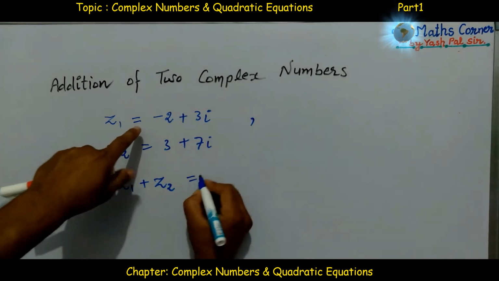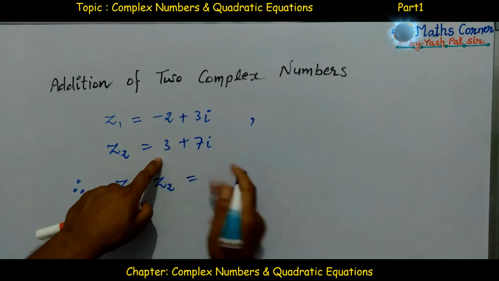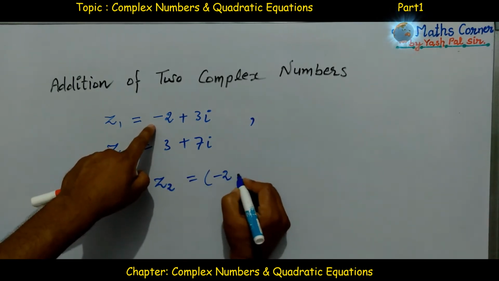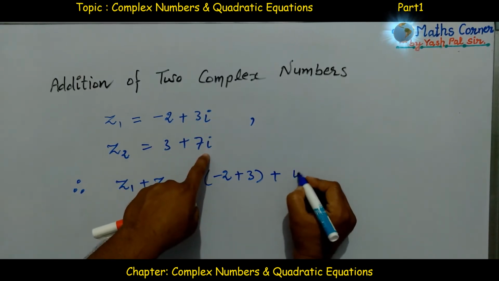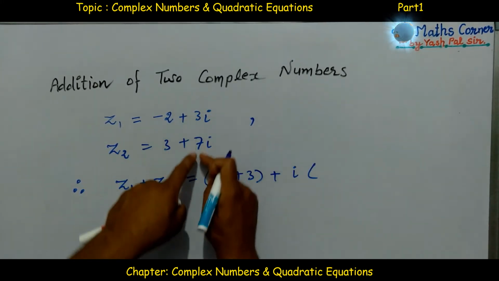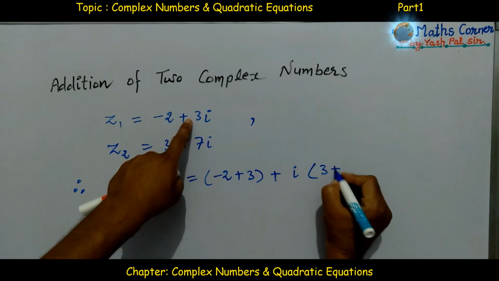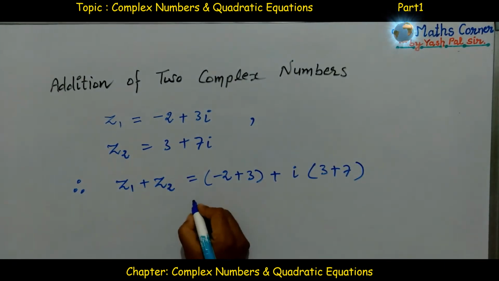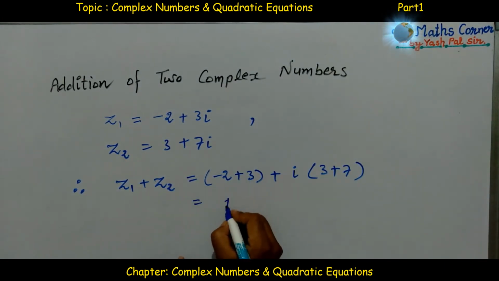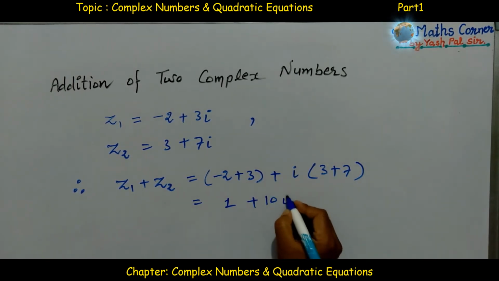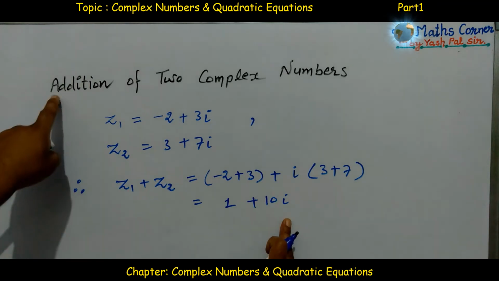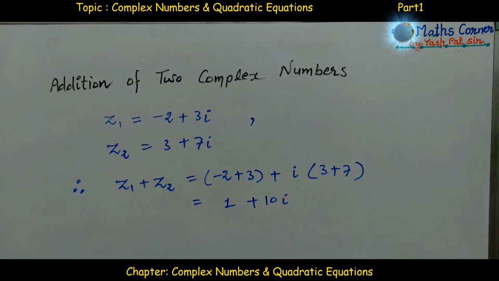Here we add the real parts, that is we add minus 2 and 3. Then we take iota common and we add the imaginary parts, 3 plus 7. So the final answer is 1 plus 10 iota. So this is the way we add two complex numbers.